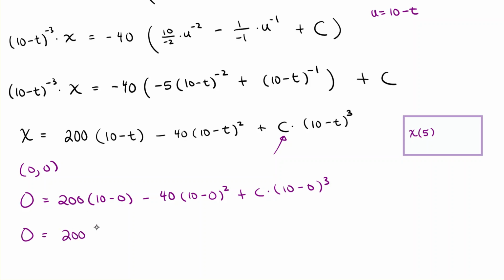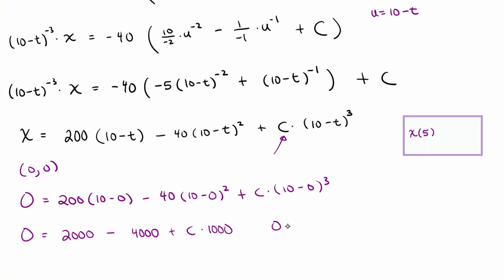200 times 10 gives us 2,000 minus 40 times 100, because our 10 is squared, gives us 4,000. And then 10 cubed gives us 1,000.